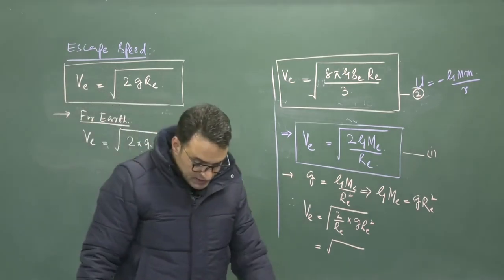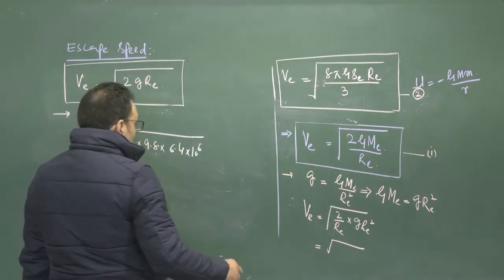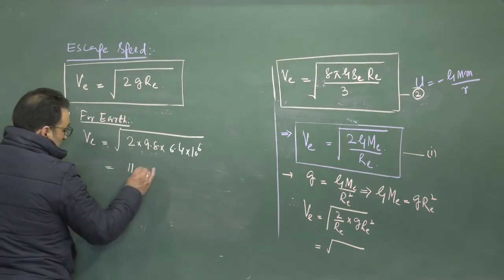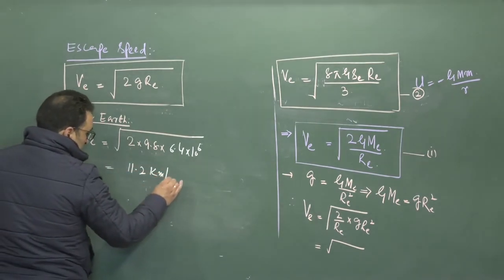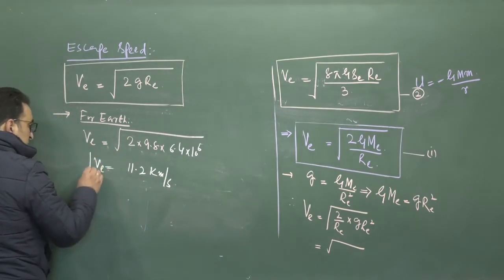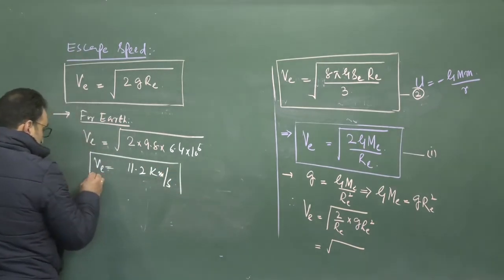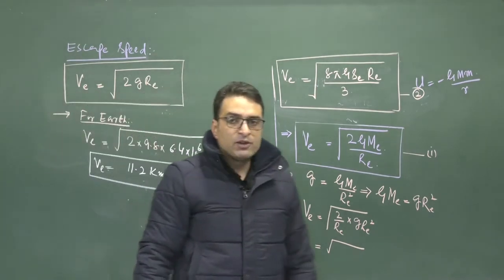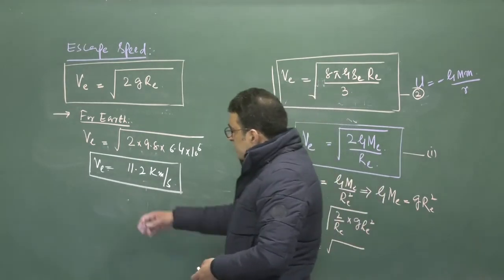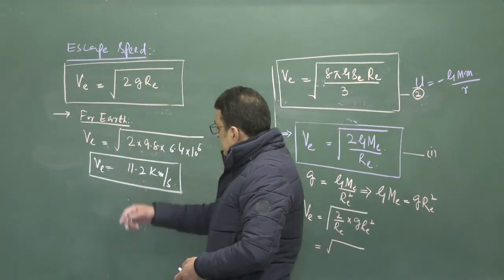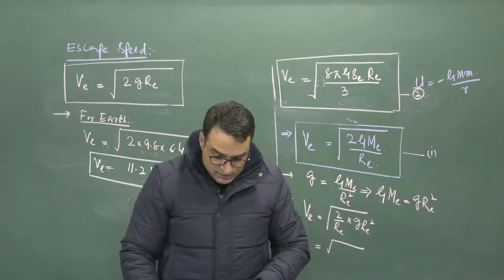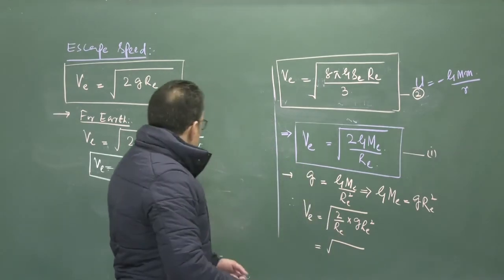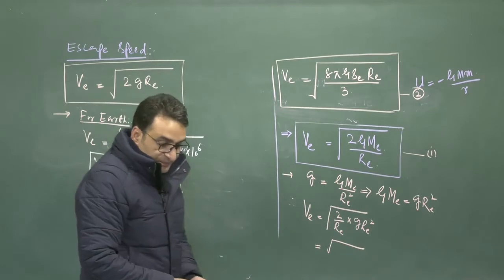Now, on simplifying this, we are left with the value which is 11.2 kilometer per second, which is the value of escape speed of Earth. If an object has to escape the gravitational field of Earth, the minimum velocity with which this object has to be projected is 11.2 kilometer per second. Now, this is all about the escape speed.